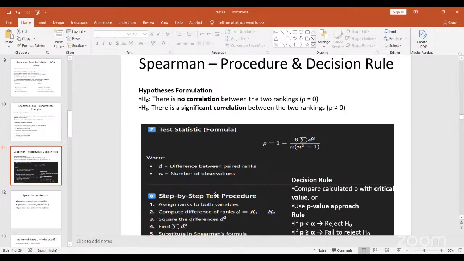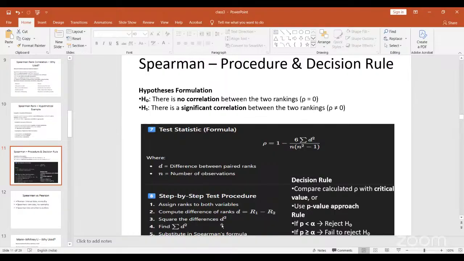So what are the steps? First, assign the ranks for both of the variables. For the mathematics marks and the statistics marks, you have to assign the rank for each of the students. We will compute the difference for the rank, that is rank 1 and rank 2. I am considering for the mathematics case, it is the rank 1 for that student and the rank 2 for the statistics case.